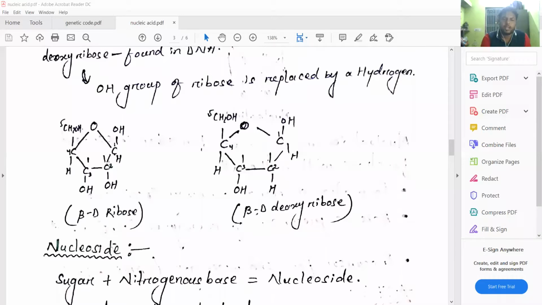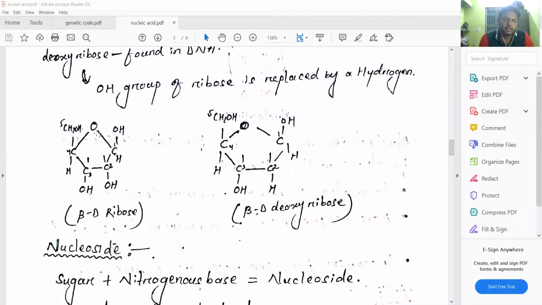If the plane polarized light is deflected by the molecule to the left side, then it will be called levo. So in case of DNA or RNA, it is the dextro form of sugar molecule that is there.